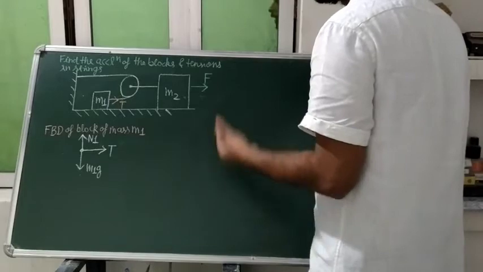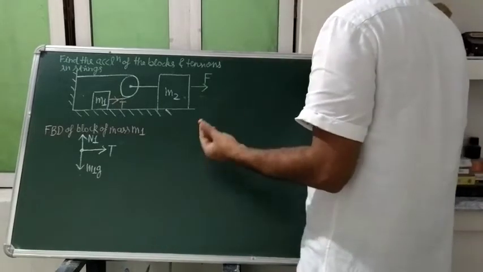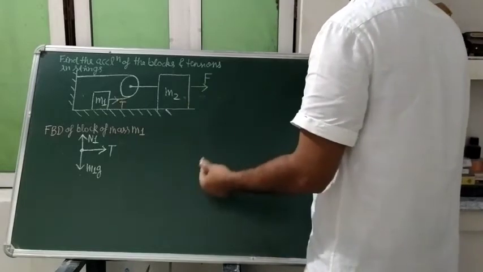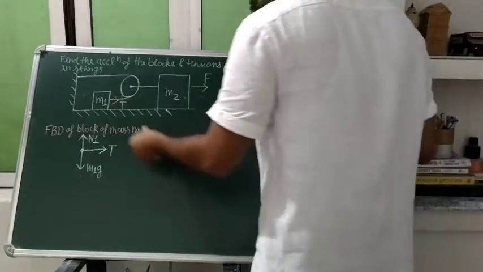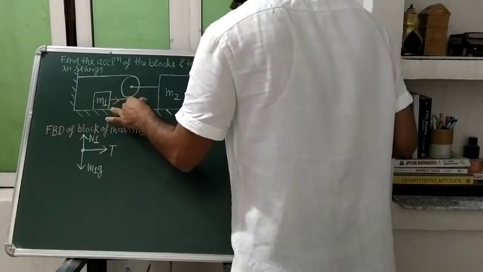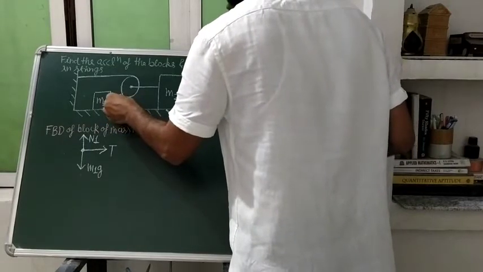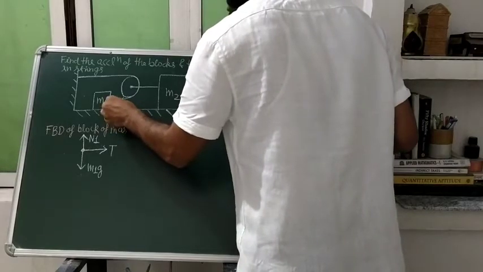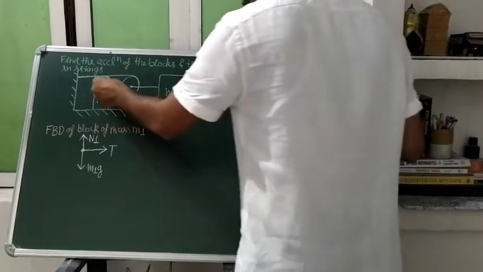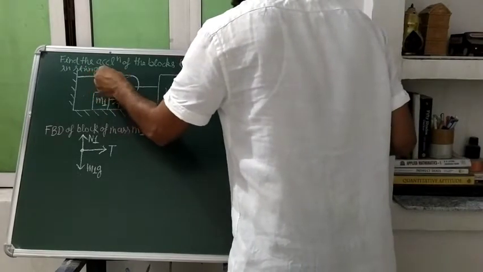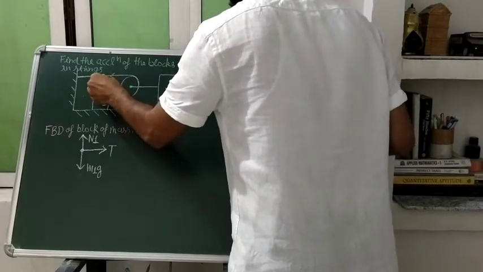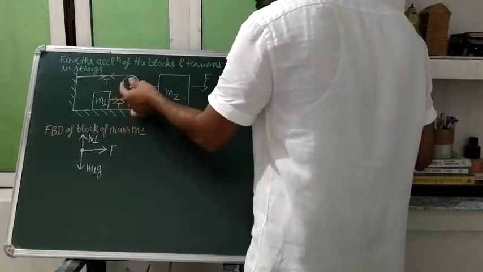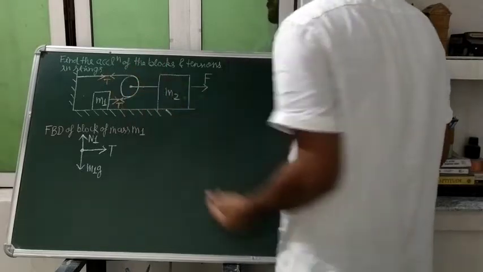The Atwood machine tells you that if you assume a frictionless and massless pulley, the tension at every end on the same string is going to be the same. So here also the tension will be the same tension T. When you draw the free body diagram of this pulley, you cut the string like this.